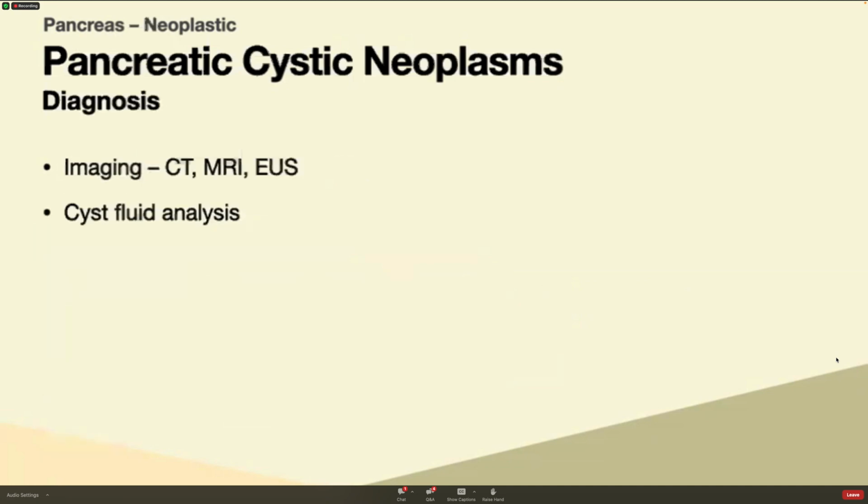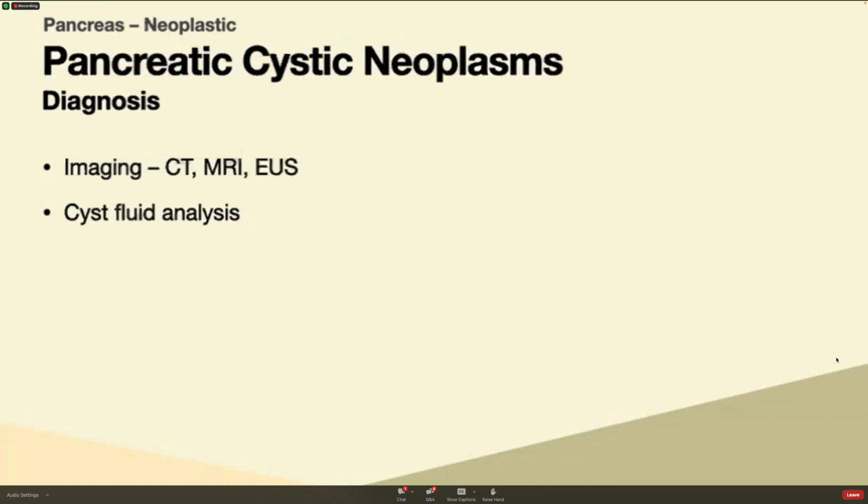So to differentiate the pancreatic cystic neoplasms, we can request for imaging and cyst fluid analysis. So you can request for a CT scan, an MRI, or an EUS. The advantage of a CT scan is that you can see the calcification better, but usually we request for an MRI since there's superior soft tissue contrast and there's improved depiction of the ductal anatomy, and also it's more sensitive in assessing the communication with the main pancreatic duct and also the presence of internal septations in the cyst.